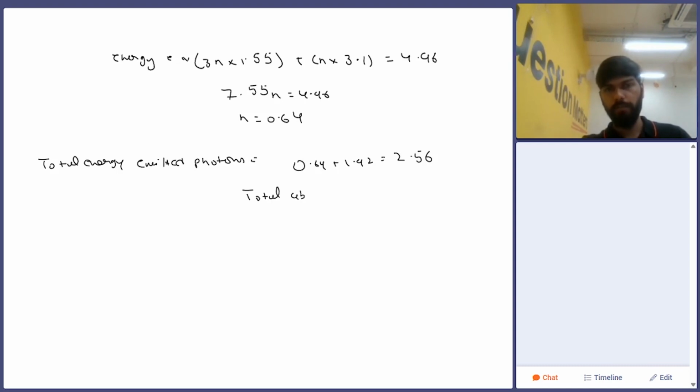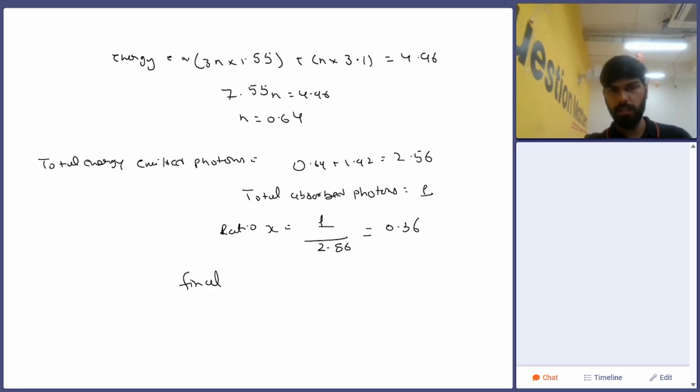But total absorbed photons is 1. So ratio x is equal to 1 upon 2.56, that is 0.36.